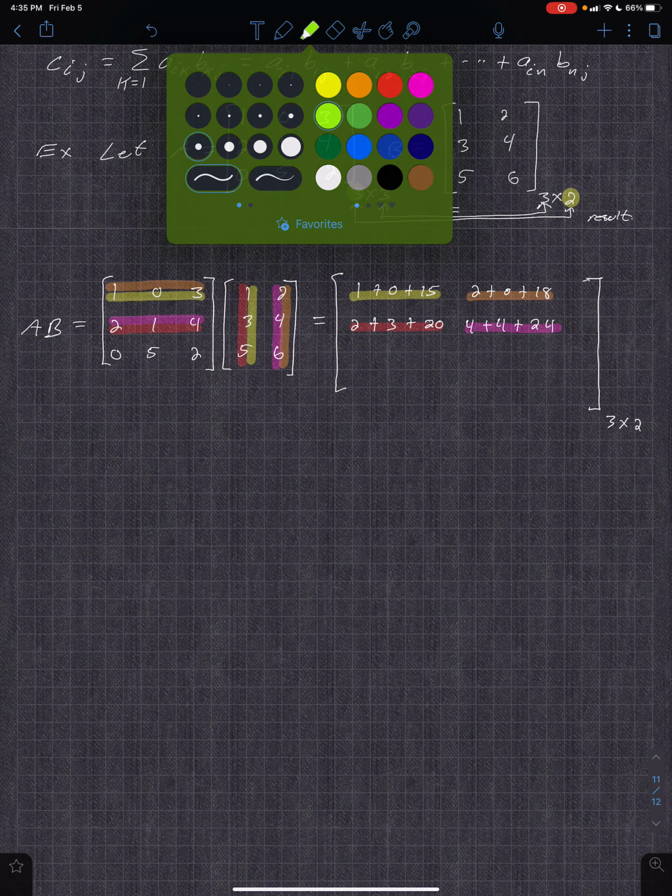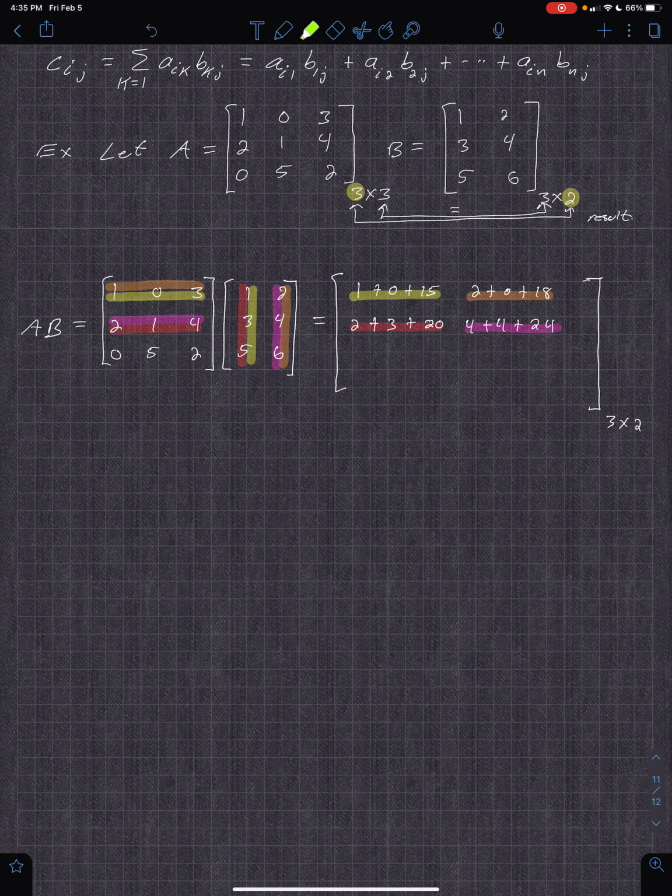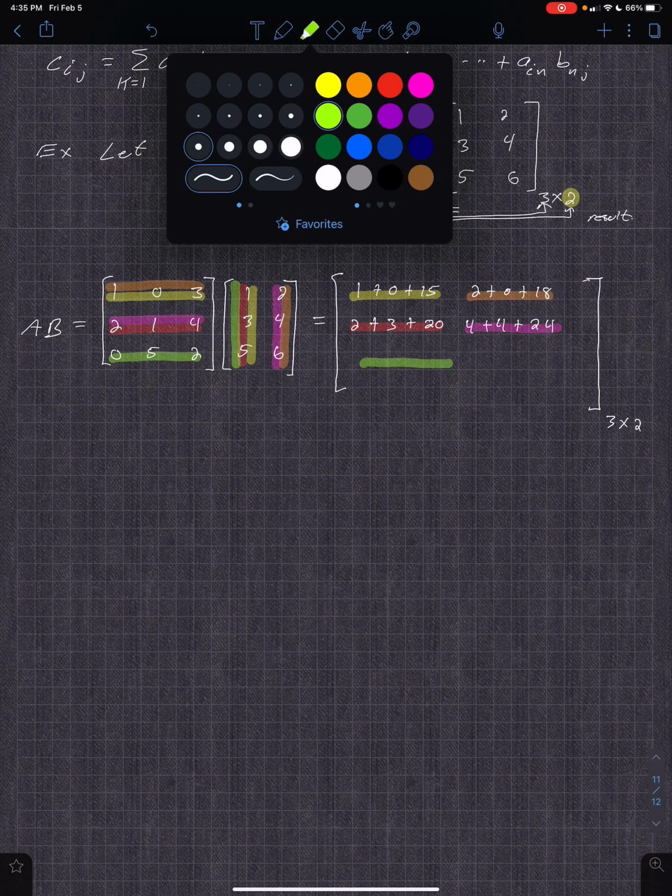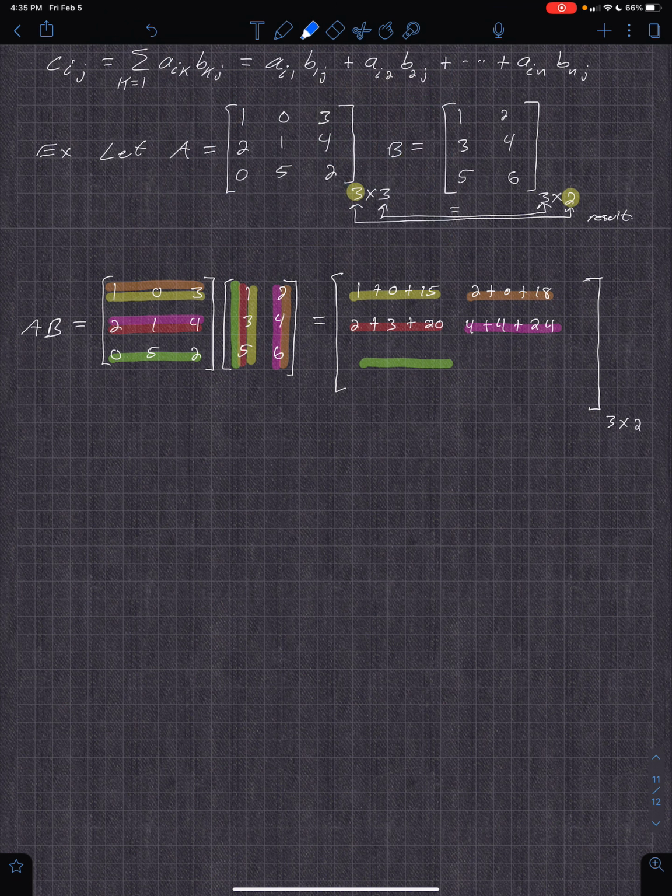And then next, you're down to the next one. You go across and down, and that'll go here. And then you do it again. Let's do blue. Then you go across and down, which goes here. So you get 0 plus 15 plus 10.